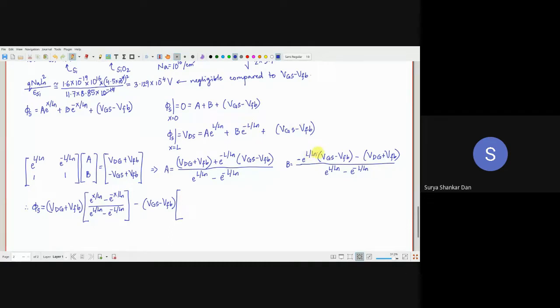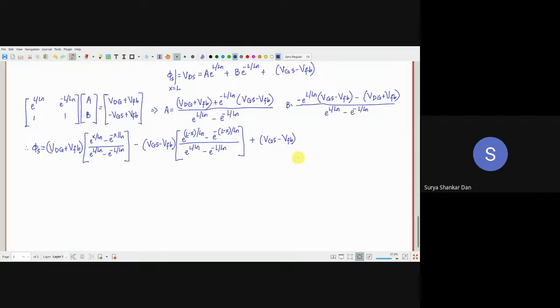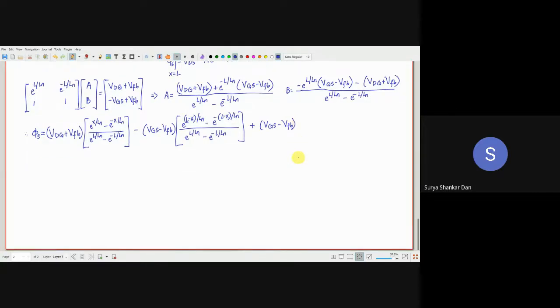So L minus x by ln, divided by, plus this term VGS minus VFB.